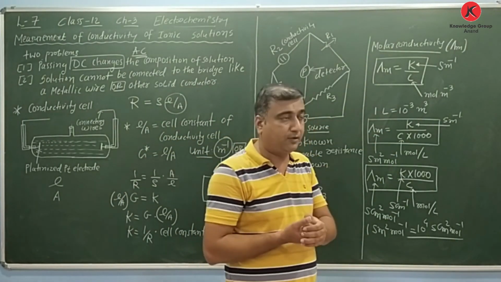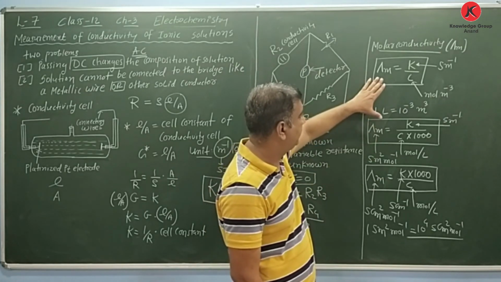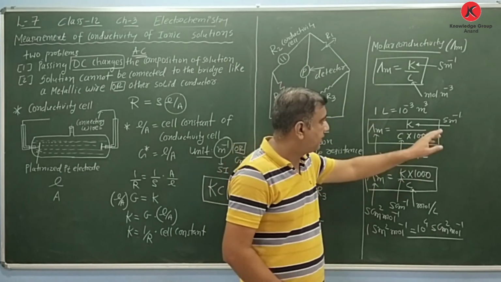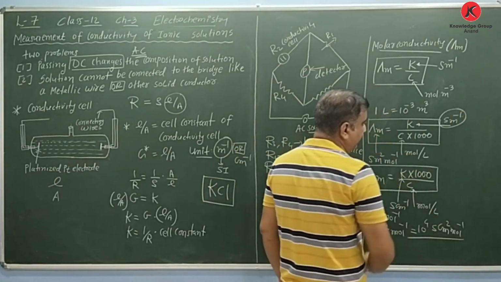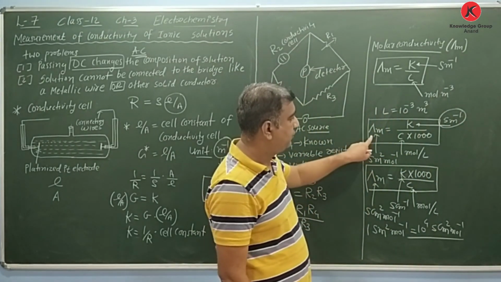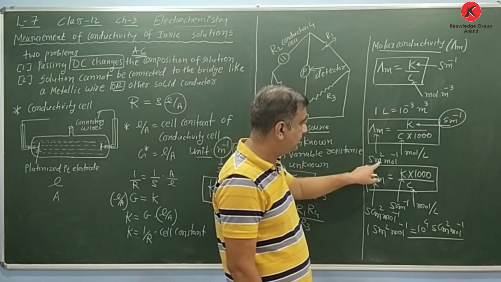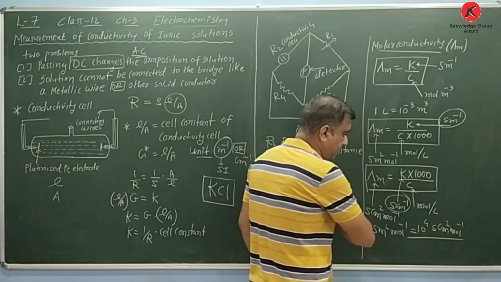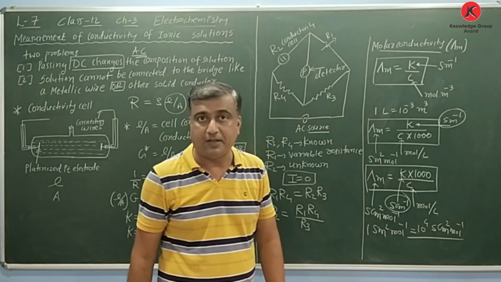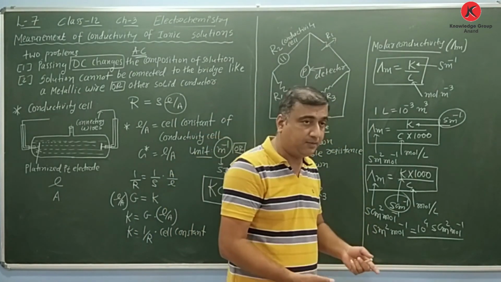Keep these three formulas in mind for calculation of molar conductivity. See the unit of conductivity. If it is Siemens centimeter inverse, use this formula to calculate. Conductivity in Siemens centimeter inverse, concentration in mole per liter.